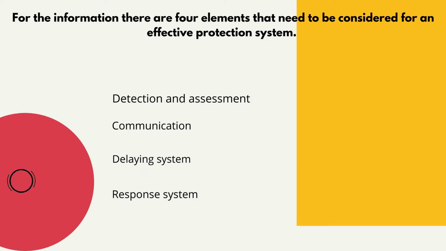Next is the communication element, which ensures that all pertinent information is transferred to a point where proper action can be taken. Moreover, a delaying system that impedes the adversary from penetrating into or exiting the area being protected. And last but not least, a response system that can counter and neutralize a threat.